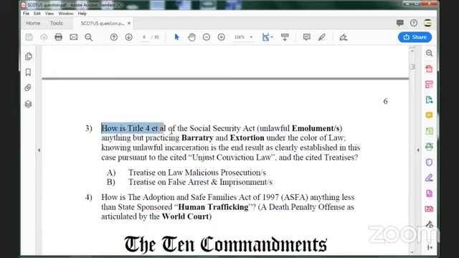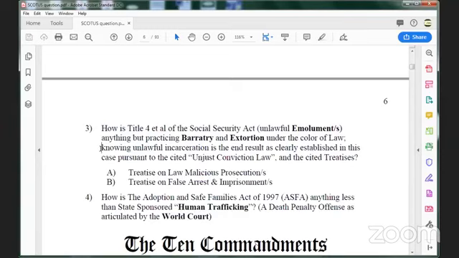How is Title IV et al. of the Social Security Act, unlawful emoluments, which of course we know is anything but practicing barratry or extortion under the color of law? The color of law is that corporation, right? That's those sham prosecutions I've been talking about, right? Unlawfully extorting money from people.